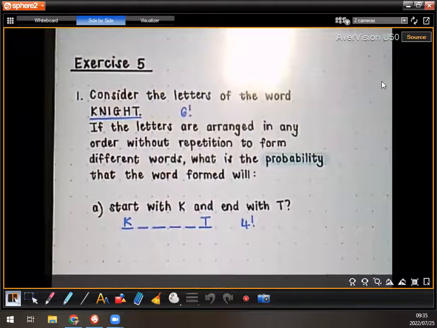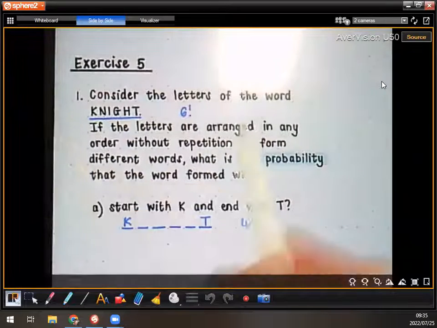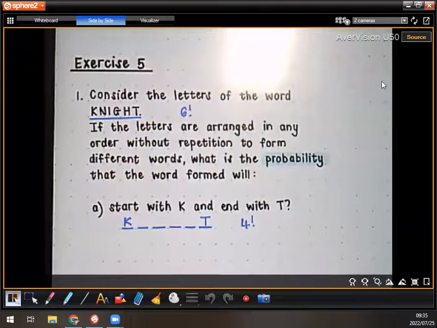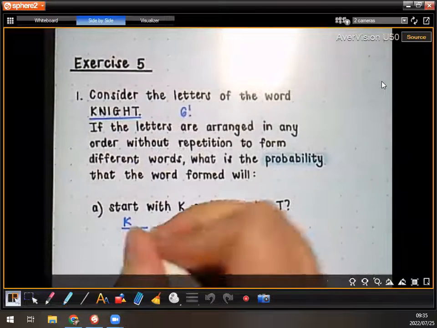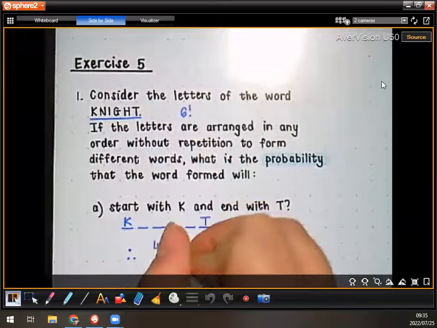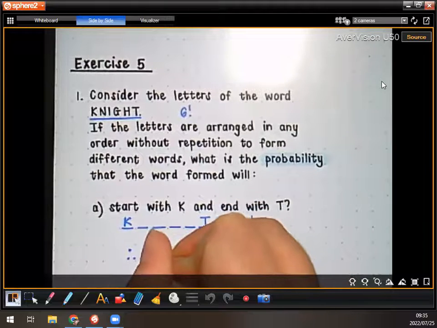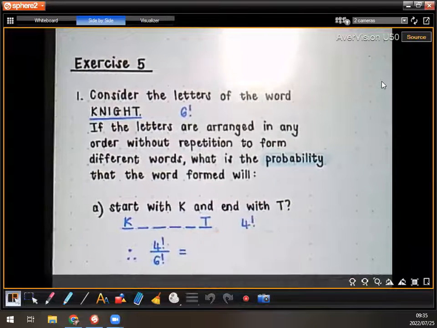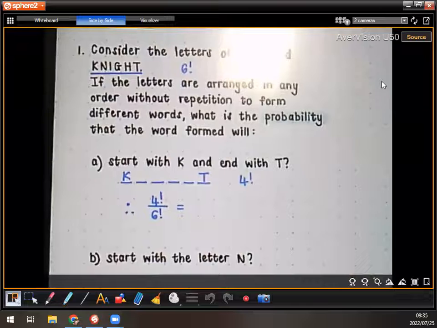That is the total number of words that you can form using those 6 letters, disregarding the starting with K and ending with T. So now here the probability is going to be 4 factorial over 6 factorial.